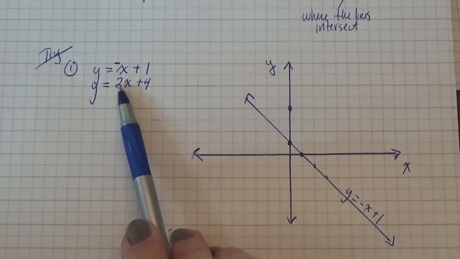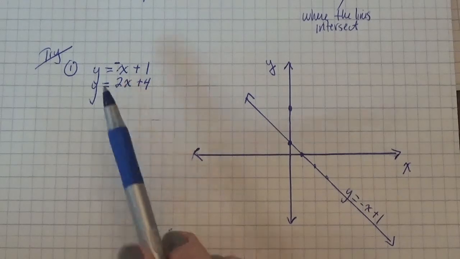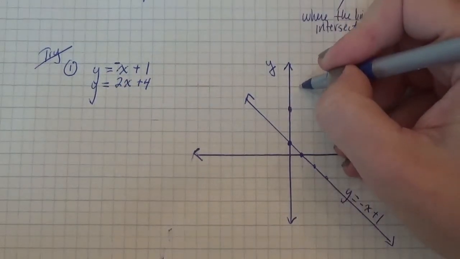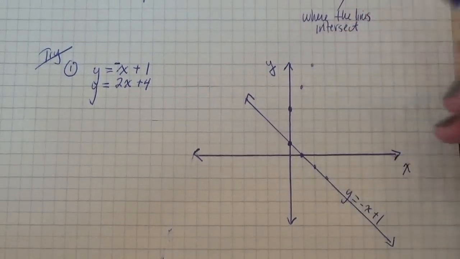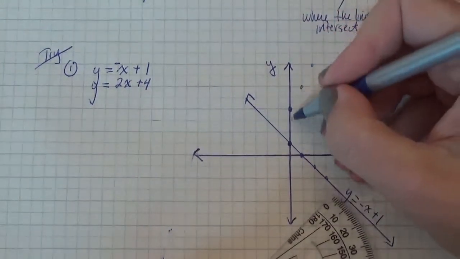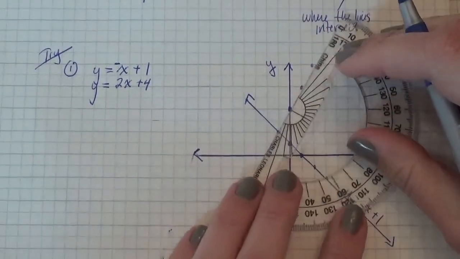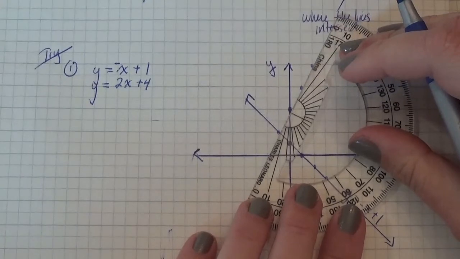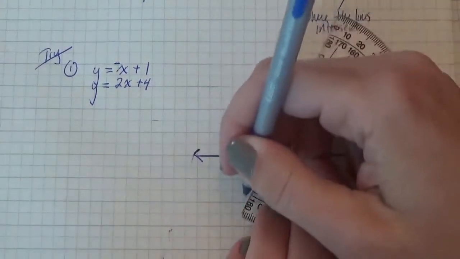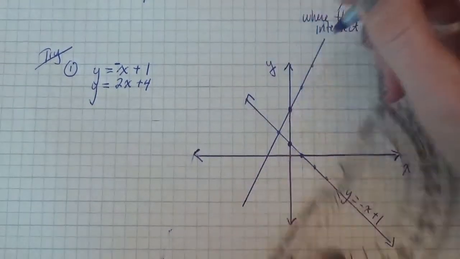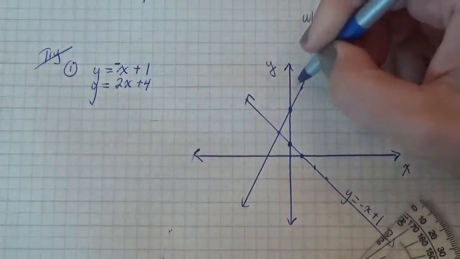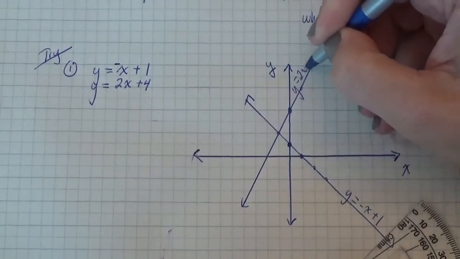So that means go up 2 over 1, up 2 over 1, up 2 over 1, up 2 over 1. So if we connect those together, that's our second line. That's y equals 2x plus 4.